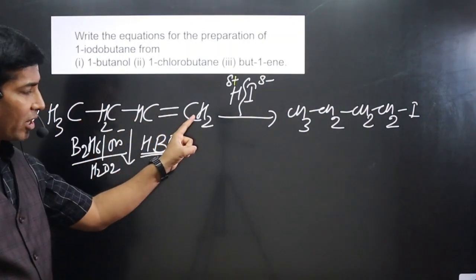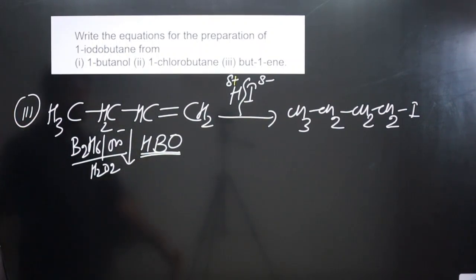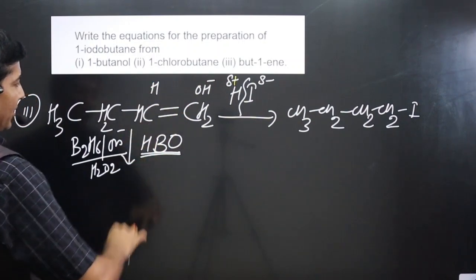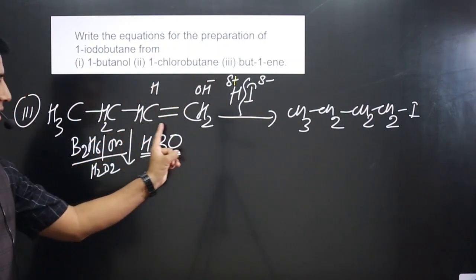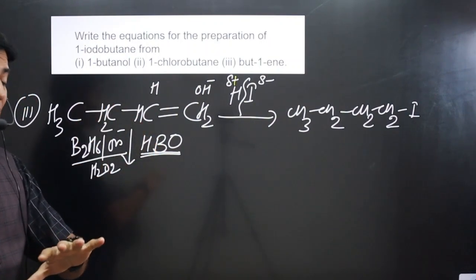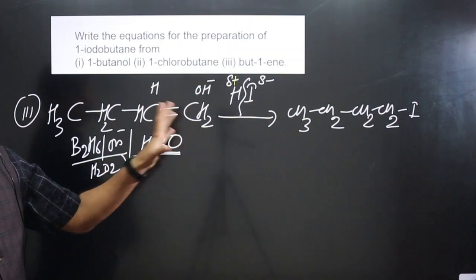OH minus ion will go to the carbon having more hydrogens. OH will go here, then H will come here, because in this double bonded system this carbon has more hydrogen and this carbon has less hydrogen.